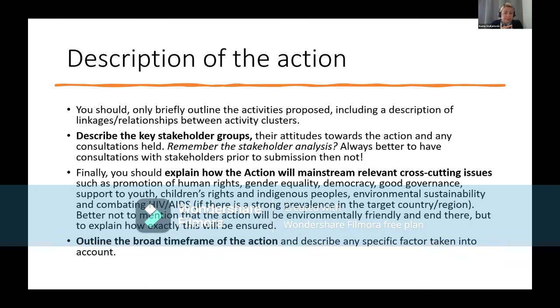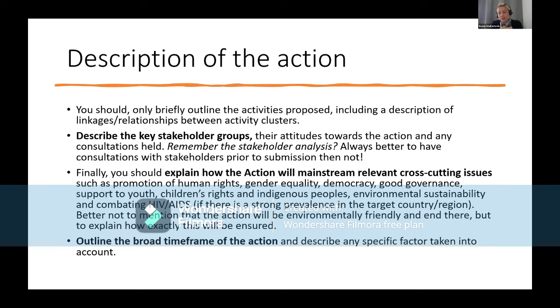And it is better not to just mention that the action will be environmentally friendly without explaining how this will be ensured. So better to explain, not only for environmental issues but also for the other cross-cutting issues. You should not try to refer to all of them or many of them. Just try to focus and be realistic.